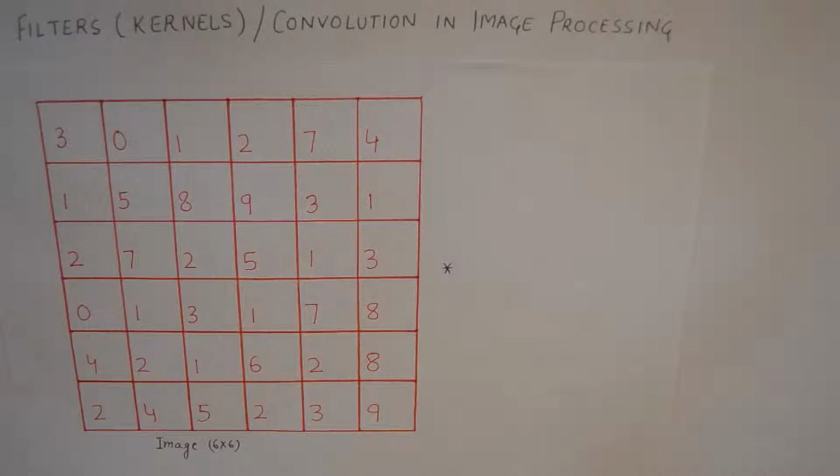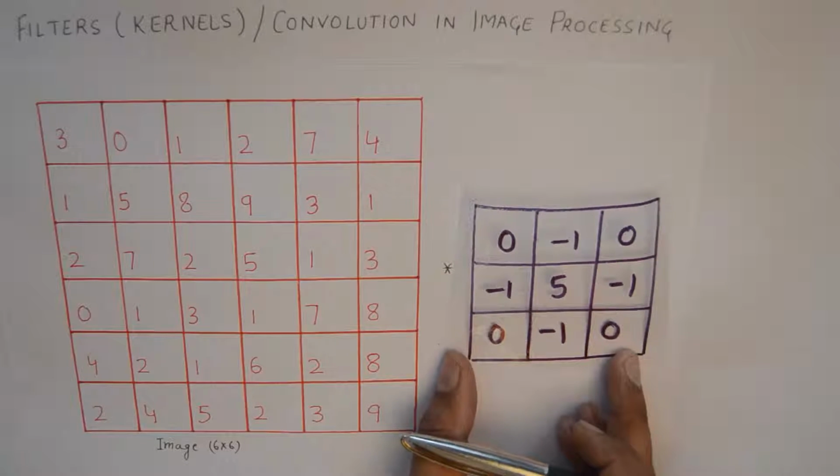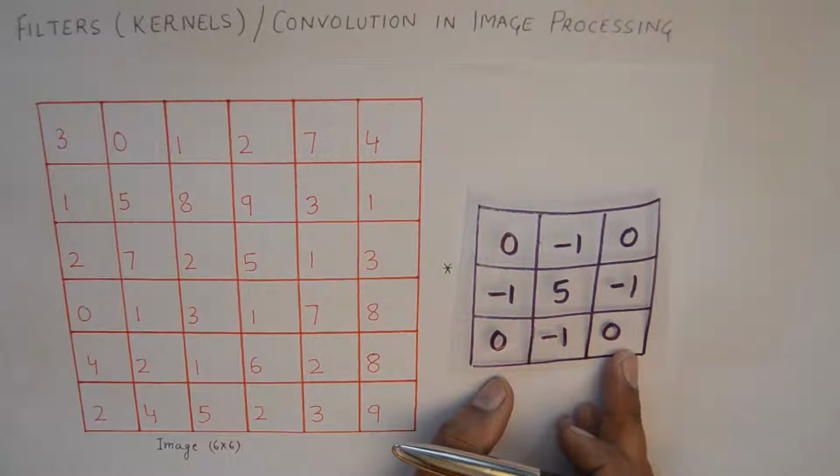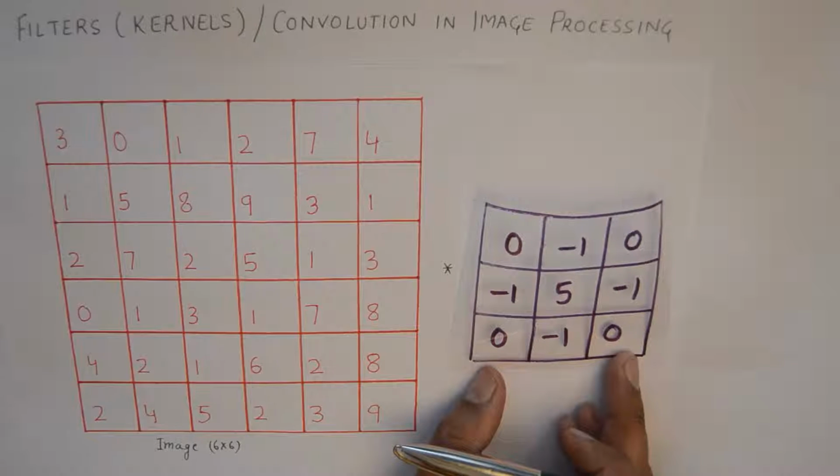Anyhow, if this image was to be processed, it could be processed in a lot of ways. For example, we could sharpen this image, find a vertical edge, find a horizontal edge, or blur this image, etc. In order to perform all these operations, you would require yet another filter, which is nothing but a matrix that would perform some mathematical operation on this image and give us a desired result.